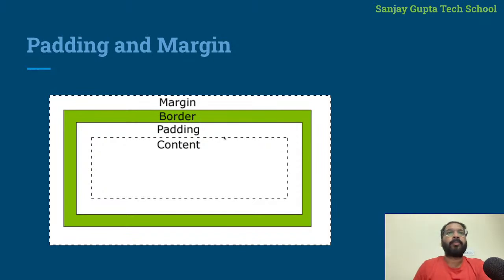Basically, you can consider this as your page. In the dotted line you are writing the content, and in the green line you have a border. The distance between the border and the content is known as padding, and the distance between the border and your outer screen is known as margin. So we can set padding and margin as well.